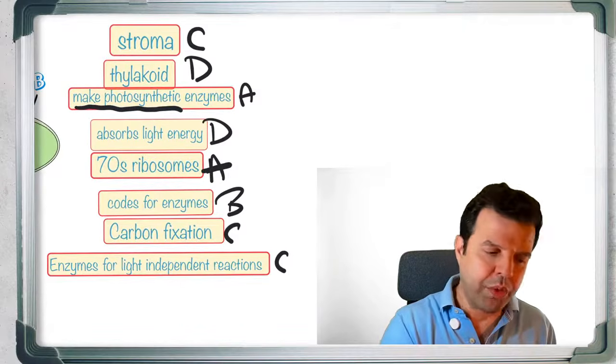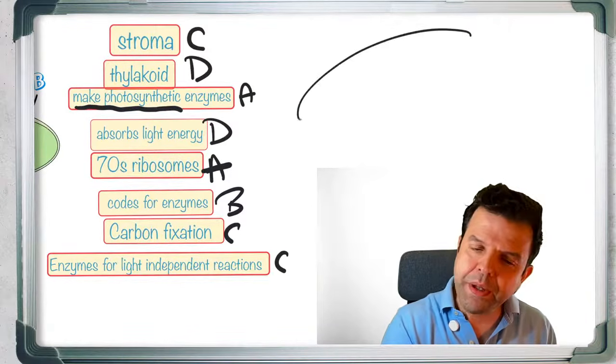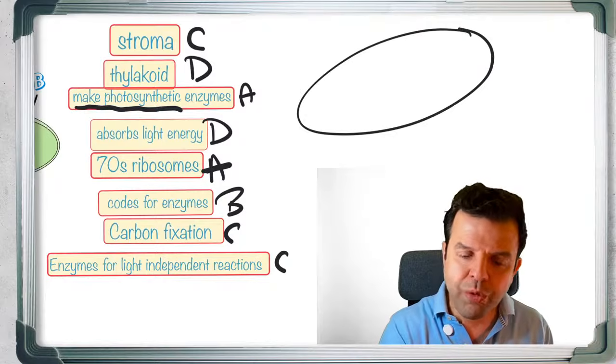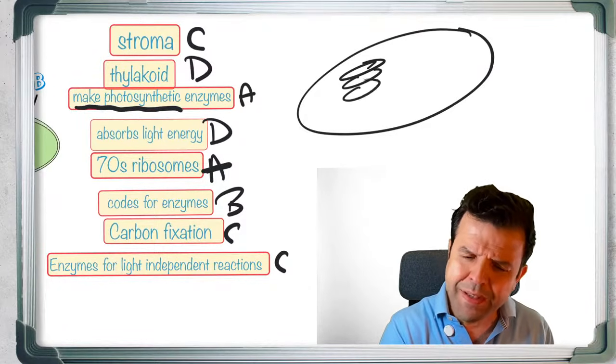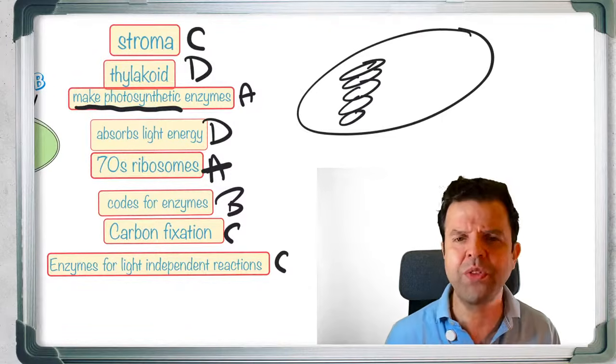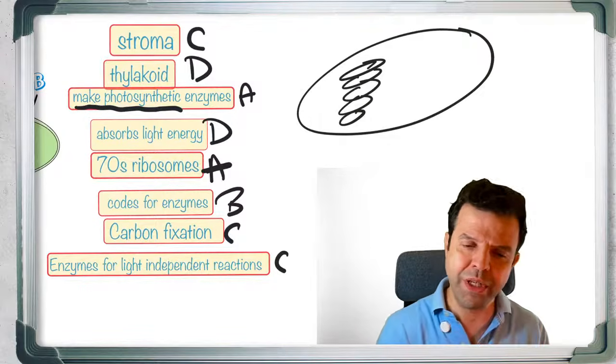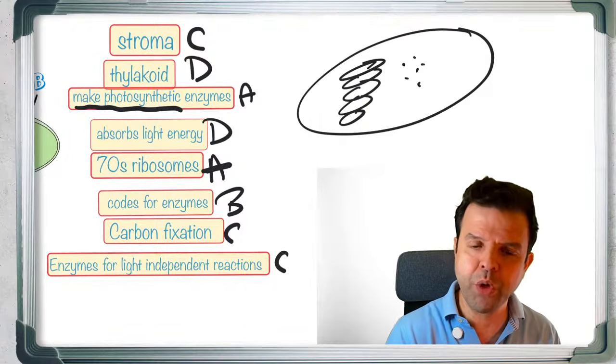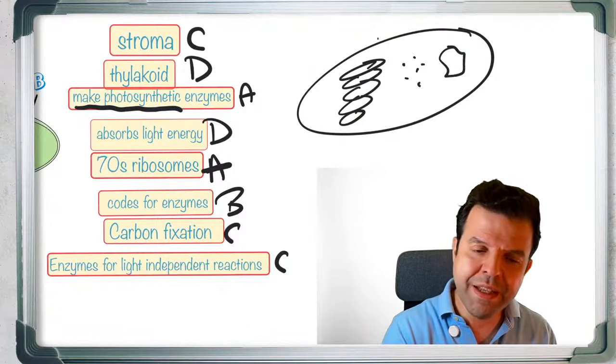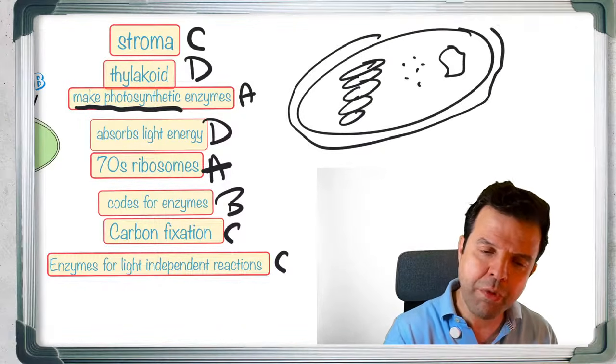Okay, so again, so far we've been looking at the chloroplast. We found its bacterial origin. We said the evidence tells you that this used to be bacteria: small ribosomes, circular DNA, double membrane.